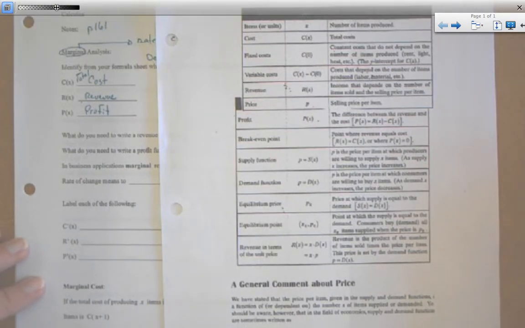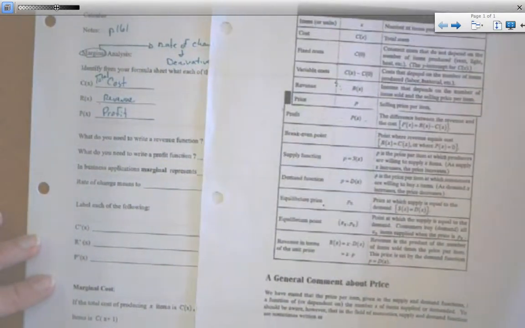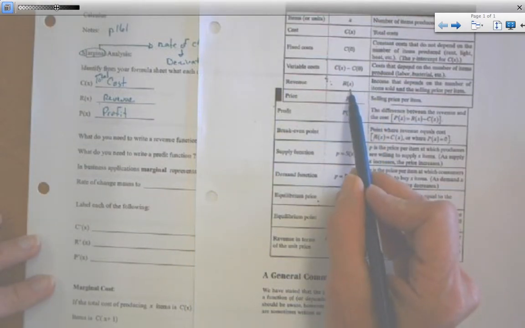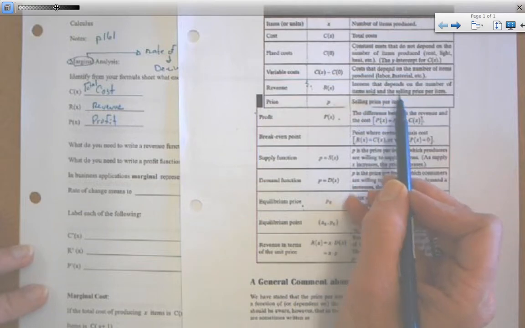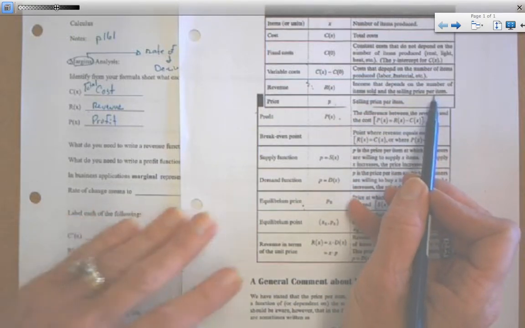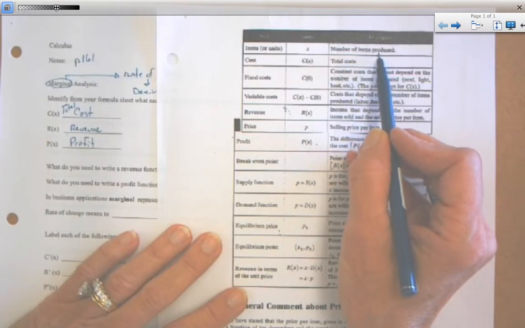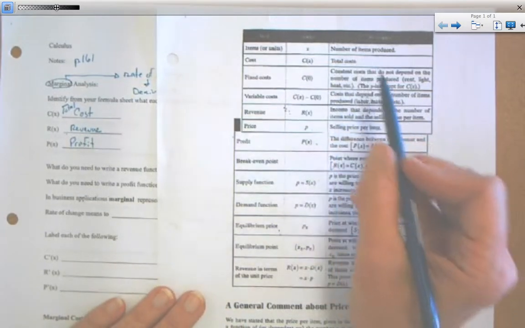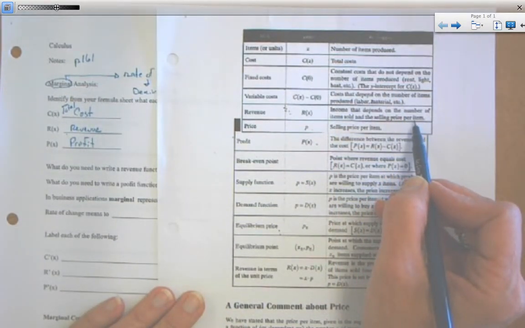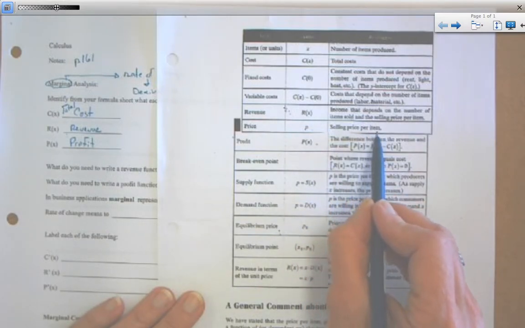All right. Now, what do you need to write the revenue function? Revenue is income that depends on the number of items sold and the selling price per item. Well, x is always the number of items sold or produced. In this case, we're going to say number of items sold. And then the price per item, let's see if we can find that in this column, is the selling price per item.